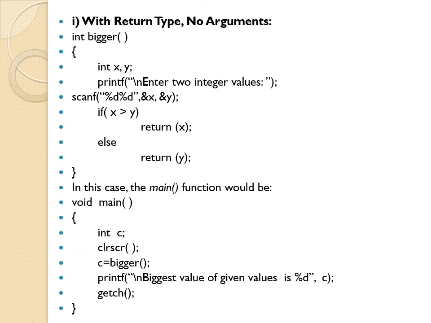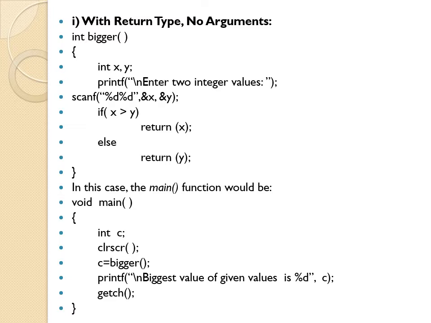If you observe carefully, the bigger function does not have any arguments here. It has only a return type. So this model is a function with return type and no arguments. Because there are no arguments, we define variables inside the function, carry out the logic and return the appropriate value.